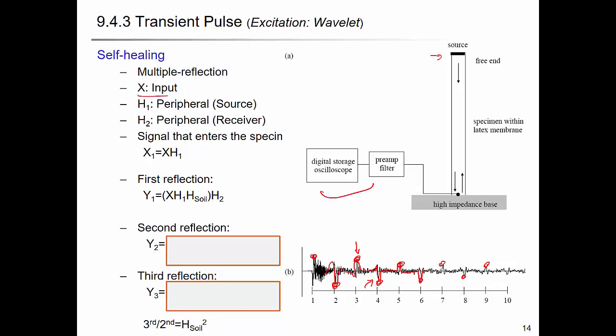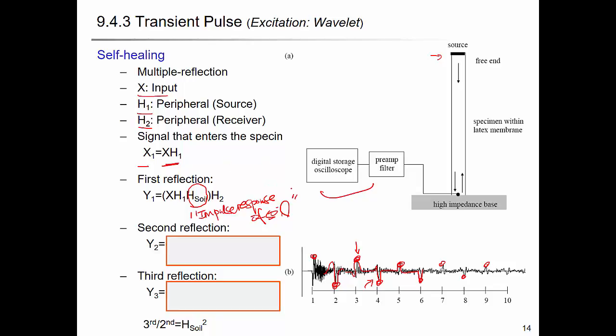If the X is input, H1 is the source and soil coupling, and H2 is the receiver and the soil coupling, then the signal that enters the specimen is X times H1 by the convolution, and the first reflection is X times H1 times H soil, and this is the impulse response of the soil, the one that we want to measure.